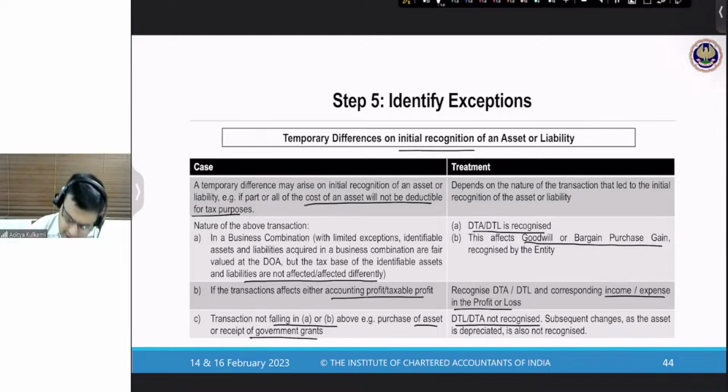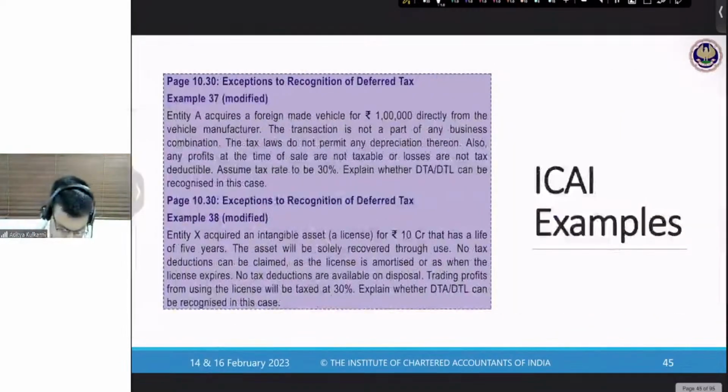Even subsequent changes such as depreciation of that asset will not be recognized. For accounting purposes, I have to depreciate, but for tax purposes you are not going to get depreciation on it. And that is why you are not going to recognize that particular deferred tax component. Okay.